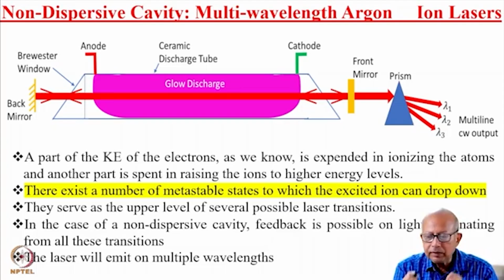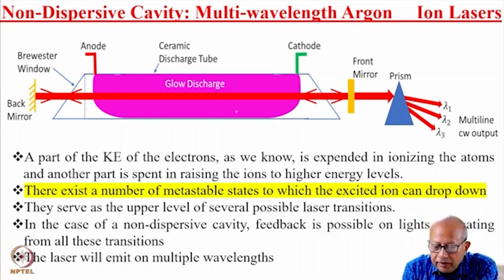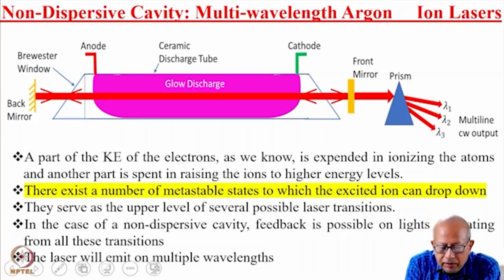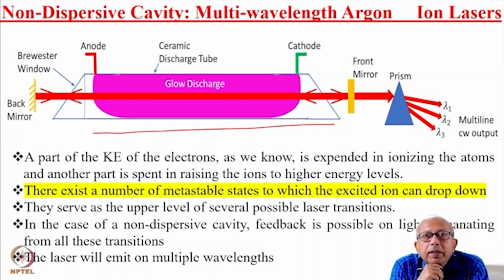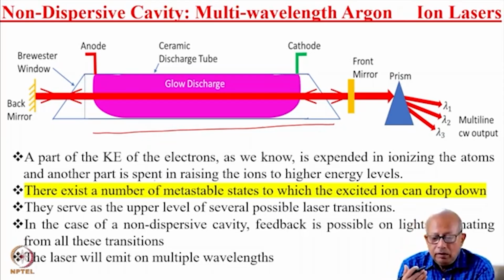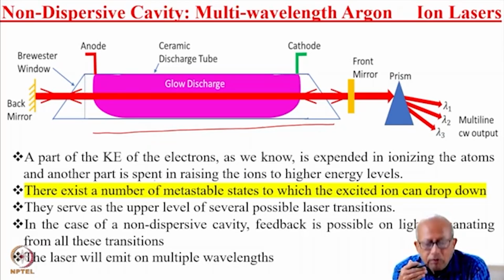Let us first consider the case of a non-dispersive cavity. That is, inside the cavity there is no wavelength selective component. Now, when the medium is pumped and population inversion has set in on a number of transitions, first spontaneous emission occurs on all these wavelengths.